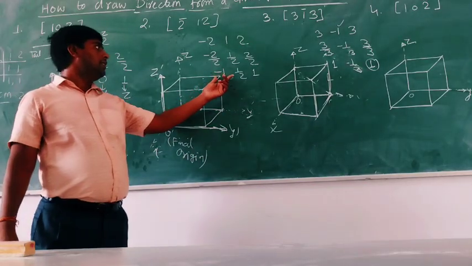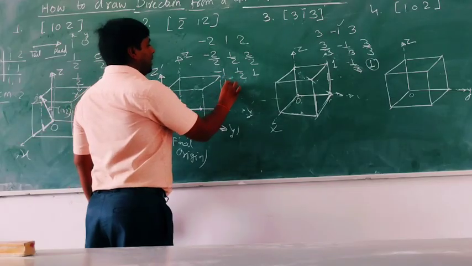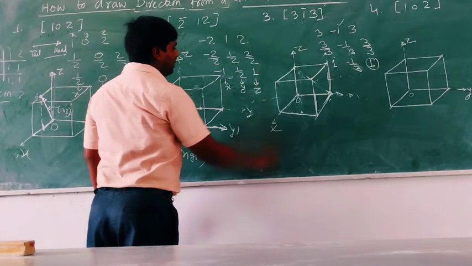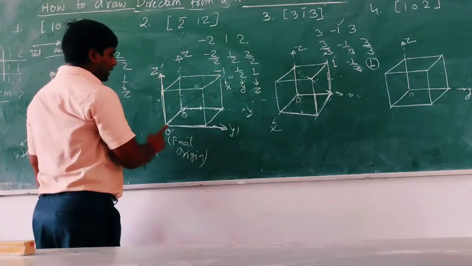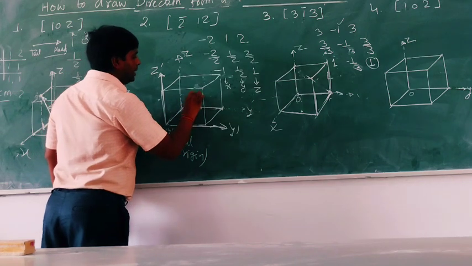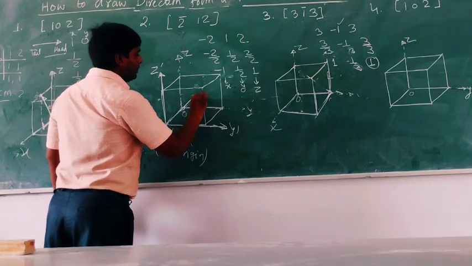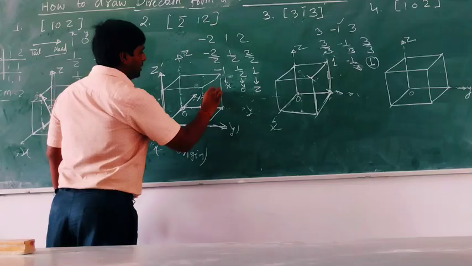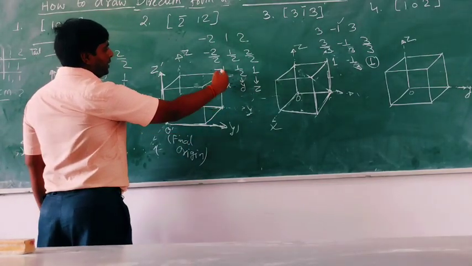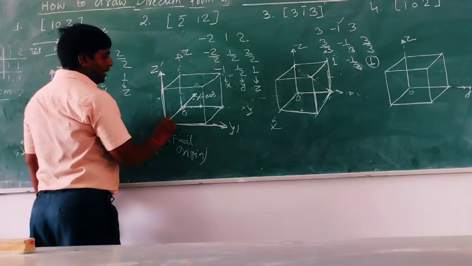Along the x-axis, the x coordinate is -1, the y coordinate is half, and the z coordinate is 1. This is the positive x-axis and this is the negative x-axis. This is the x dash axis. On the negative x-axis, we move a distance of 1 unit. This is our final origin.